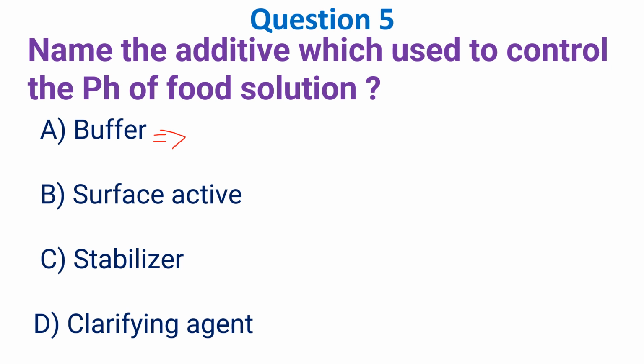This is important for processes and reactions which require a specific and stable pH range. A buffering agent is a material used to counter acid and alkaline change during storage and processing steps. The main function of a buffer is to maintain the pH of food or solution.